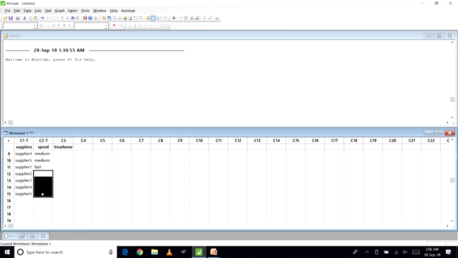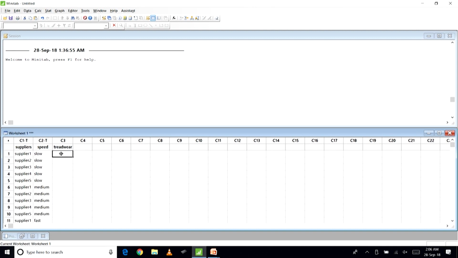Now you need to enter the Tradeware values. So, supplier 1 speed slow, what was the Tradeware? 3.7, supplier 2 speed slow 3.4, supplier 3 speed slow 3.5.